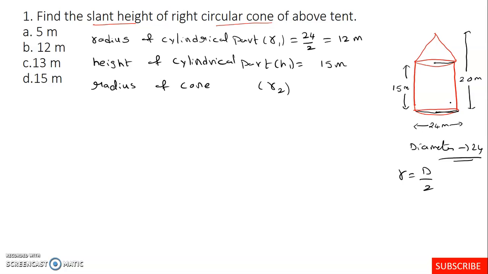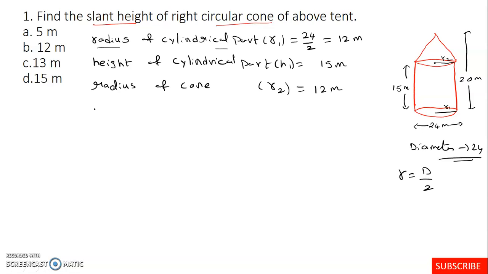By observing the diagram, both are equal. So what is the radius of the cone? The radius of the cylindrical part is 12 meter, so the radius of the cone is also 12 meter.